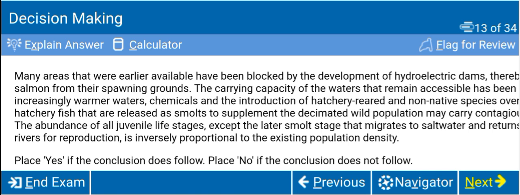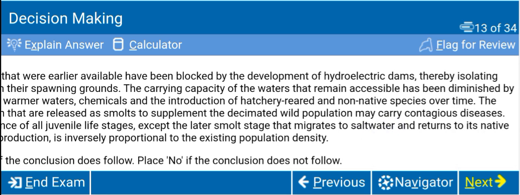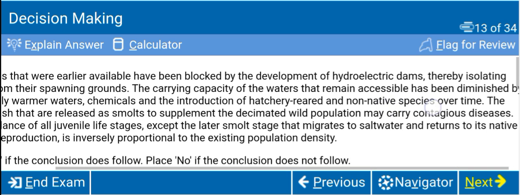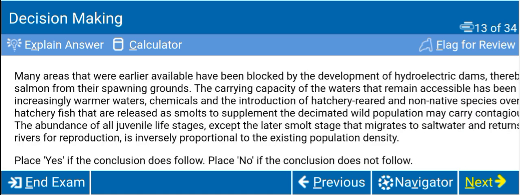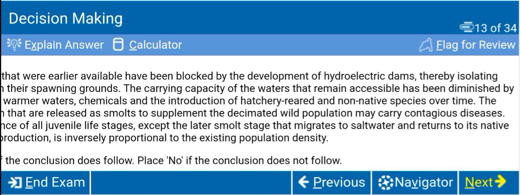The carrying capacity of the waters that remain accessible has been diminished by increasingly warmer waters, chemicals, and the introduction of hatchery reared and non native species over time.